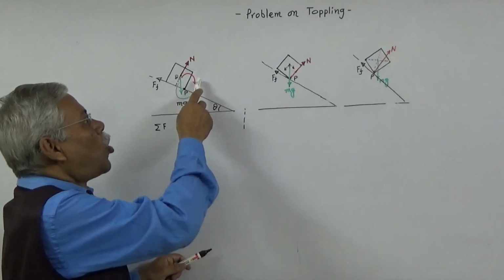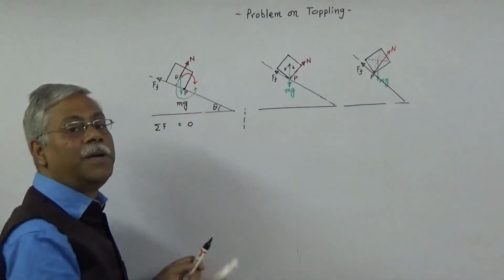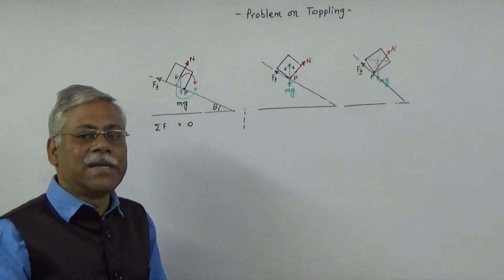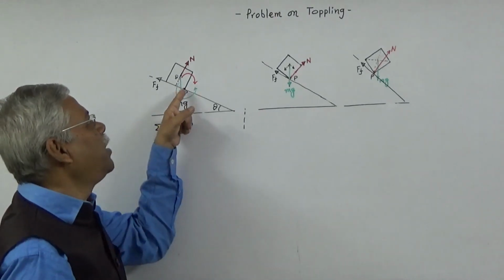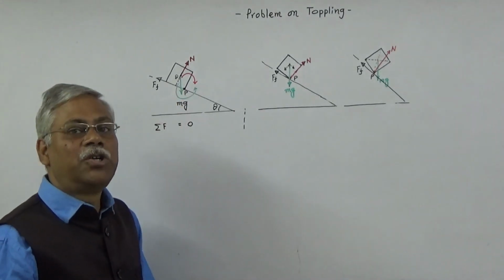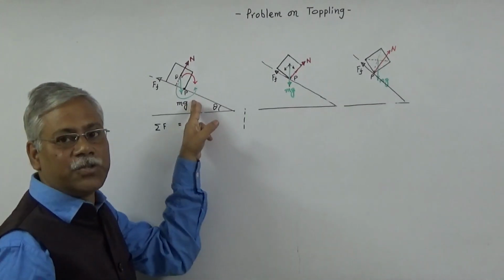These two torques about the point P are exactly cancelling each other. That's why the block does not topple. It is not toppling in this situation.